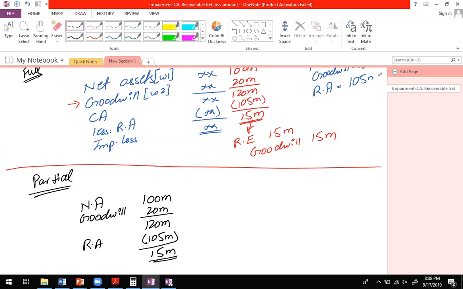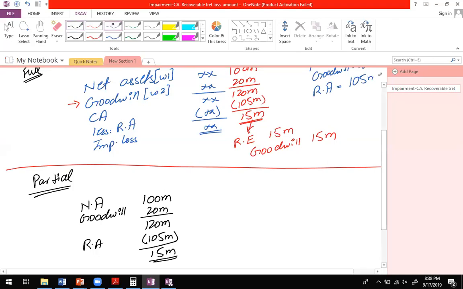What is the mistake in this? Okay, Dilpreet is saying to add NCI to the carrying amount. Hasib is also right. Both of them are right actually.